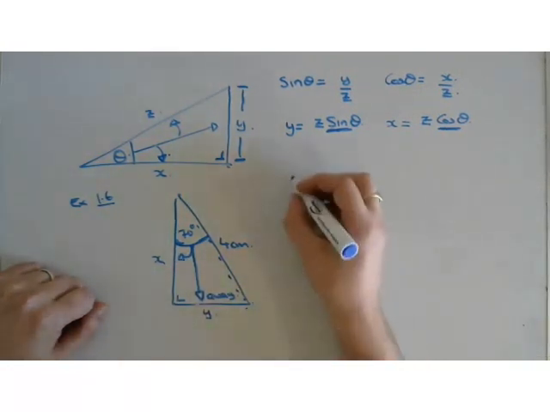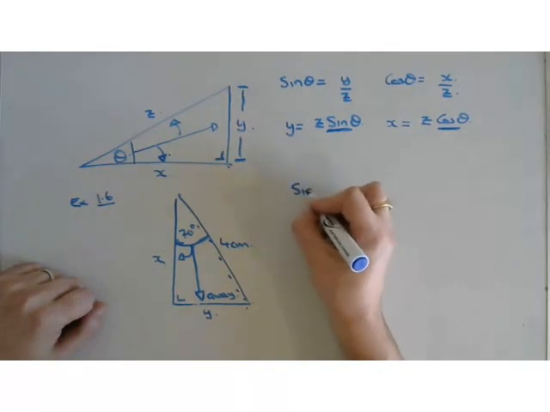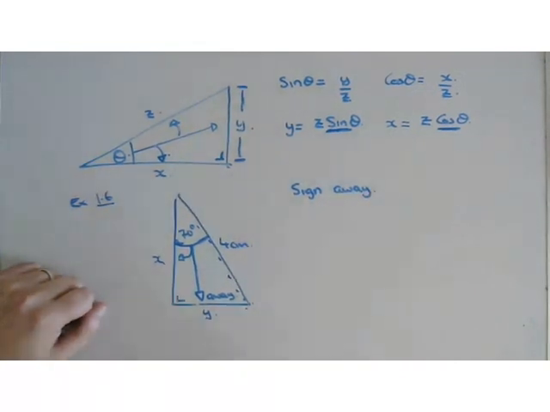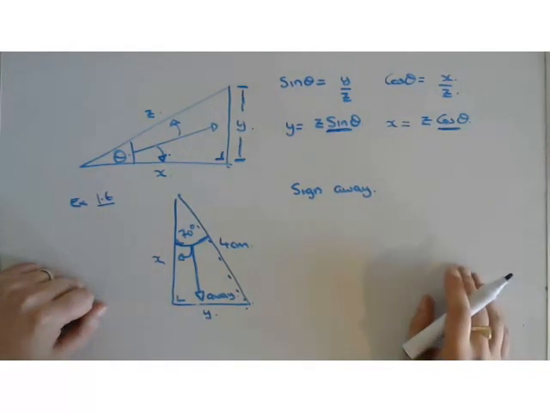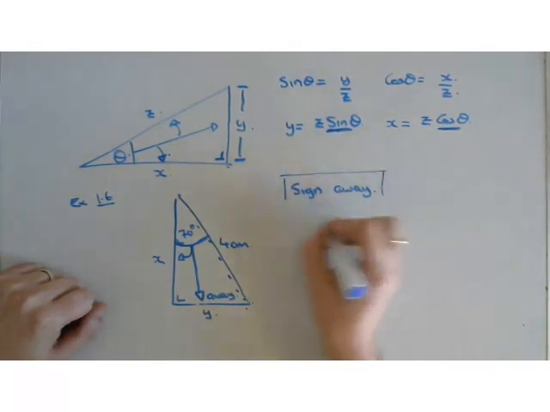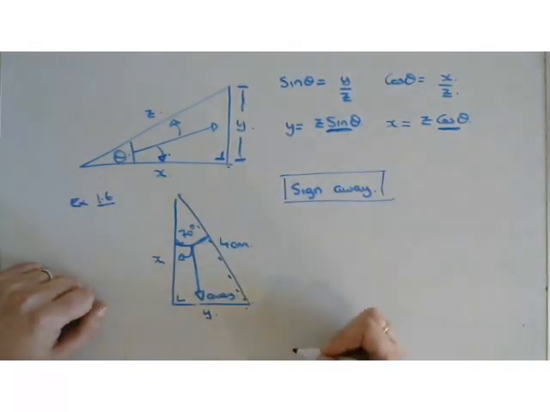And I always think, I pretend that I'm rich in a hotel and someone comes up to me and you just sign away everything. Just sign everything for your room. Sign away. So sine is always away from the angle.